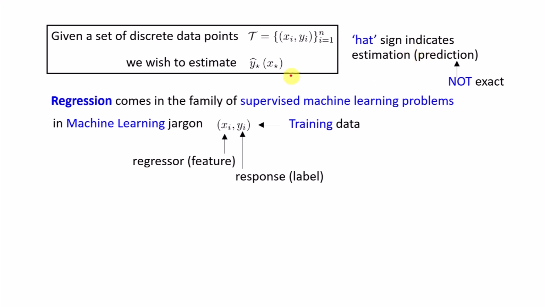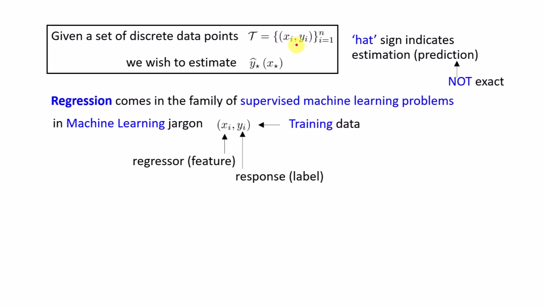This is not an exact value of y. In the data set, every xi is connected to one and only one yi. That means xi, yi are ordered pairs. x1 and y1 are connected, x2 and y2 are connected, etc.